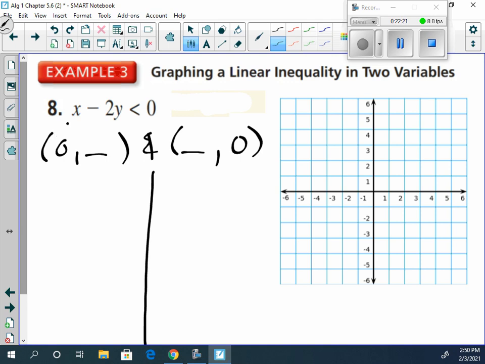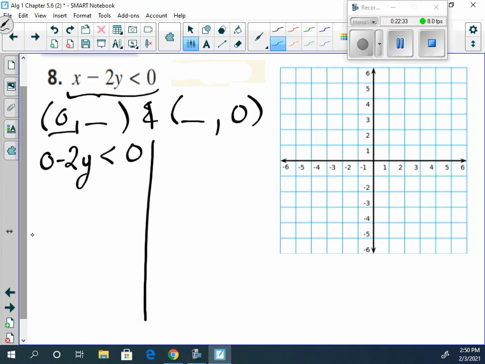Now, the first equation we're going to use, we're going to take this equation and plug 0 in for x, which would get us 0 minus 2y is less than 0. Right, yes, thank you.